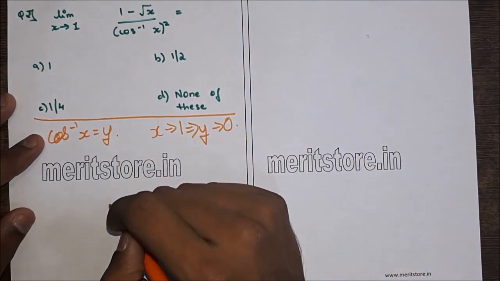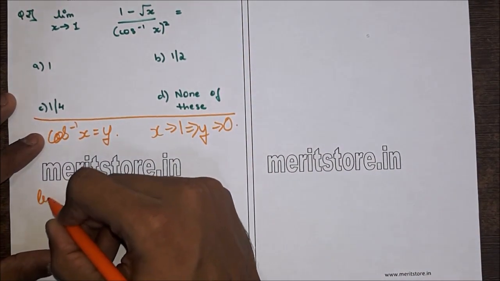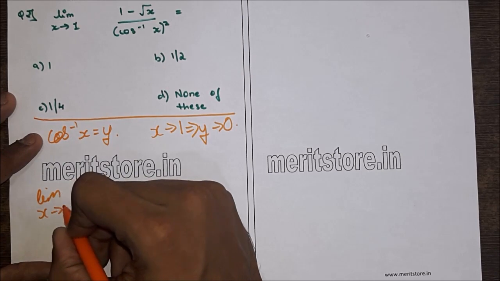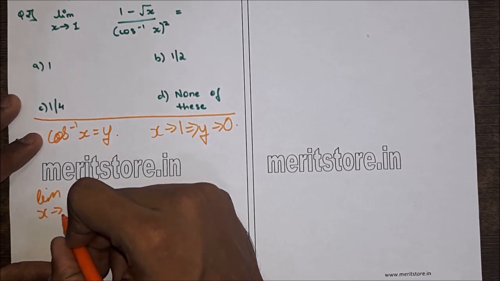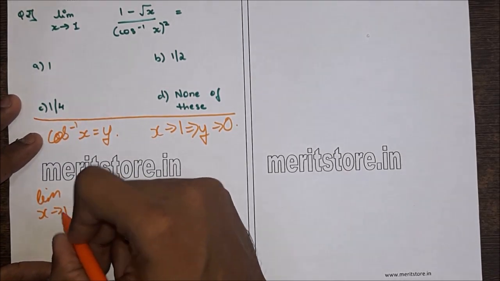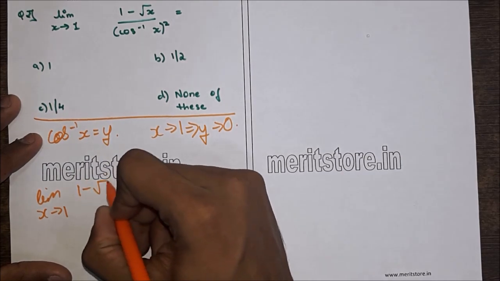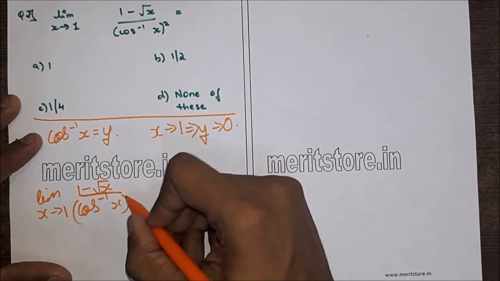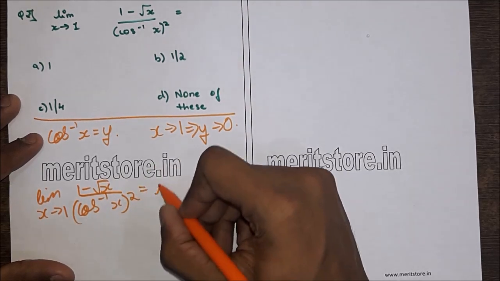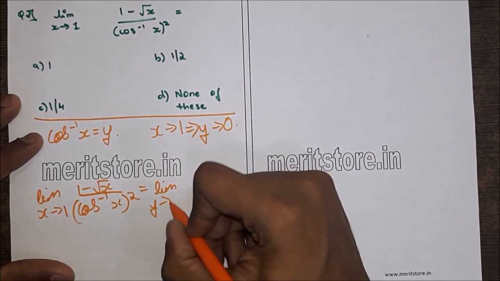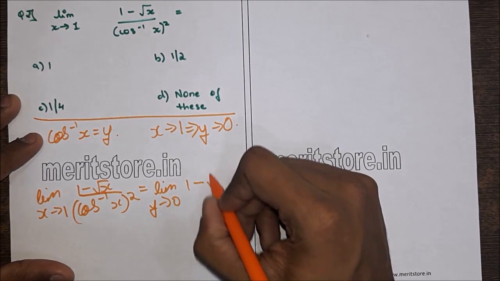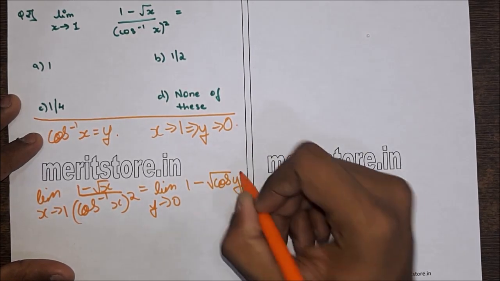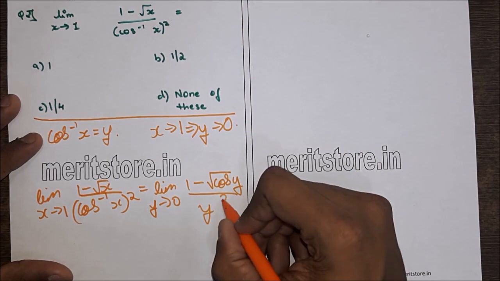So now we can continue with the sum. We could write limit of x tends to 1, (1 minus root x) upon (cos inverse of x) the whole square equals limit of y tends to 0, (1 minus root of cos y) upon y square.